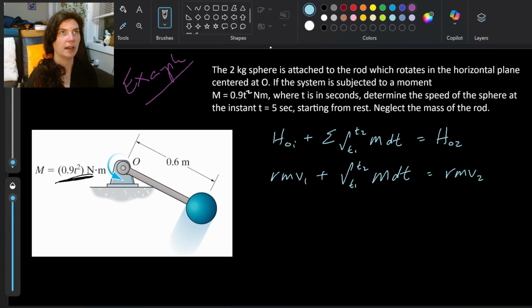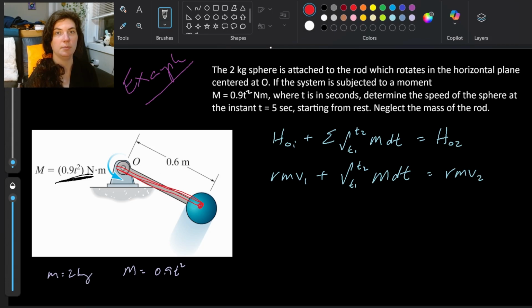So let's see what information I can pull from my problem here. I know that my mass is 2 kilograms. I've got a moment in terms of time, 0.9 t squared. And this arm here gives me my radial distance to the particle, from O to the particle.